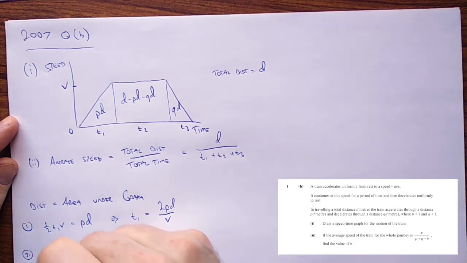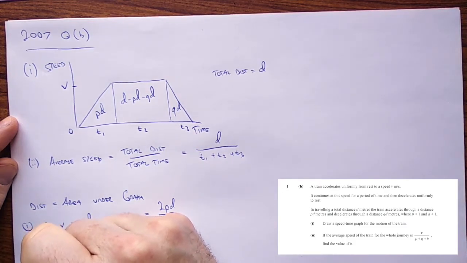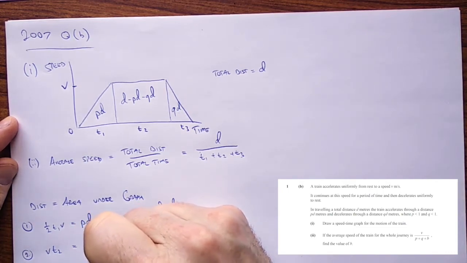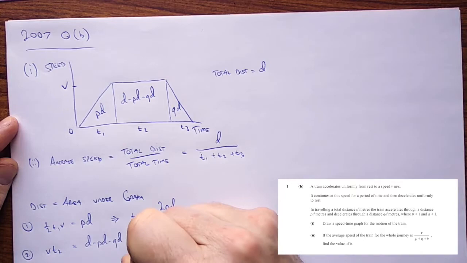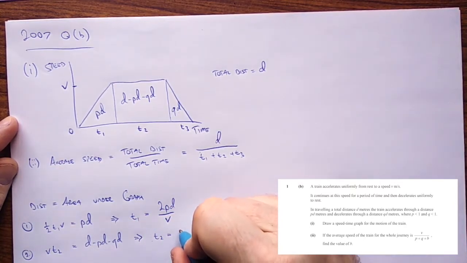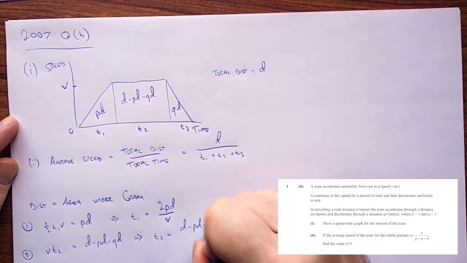So in this case, vt2 equals d minus pd minus qd. So therefore, t2 equals d minus pd minus qd all over v.